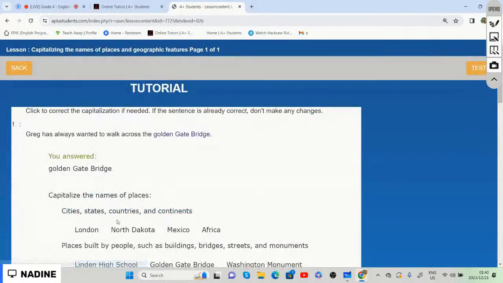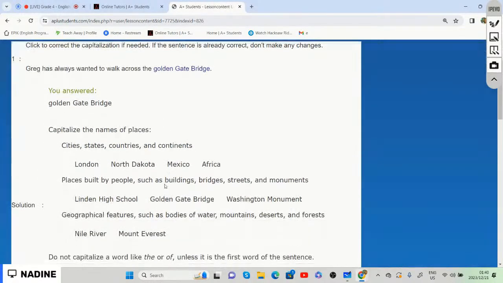All right, so we capitalize names of places as well as geographical features, right? Names of places, of course, is where you live, it is buildings, it is your country, your city, right? Those are all names of places.